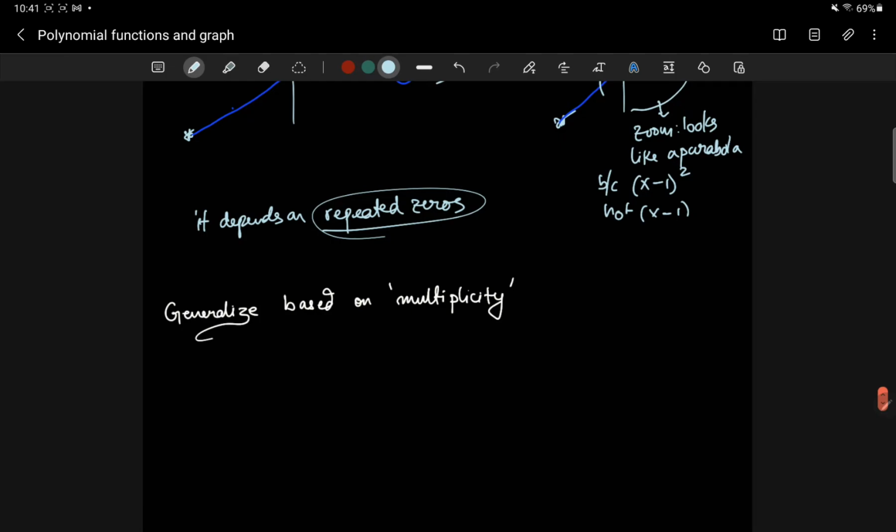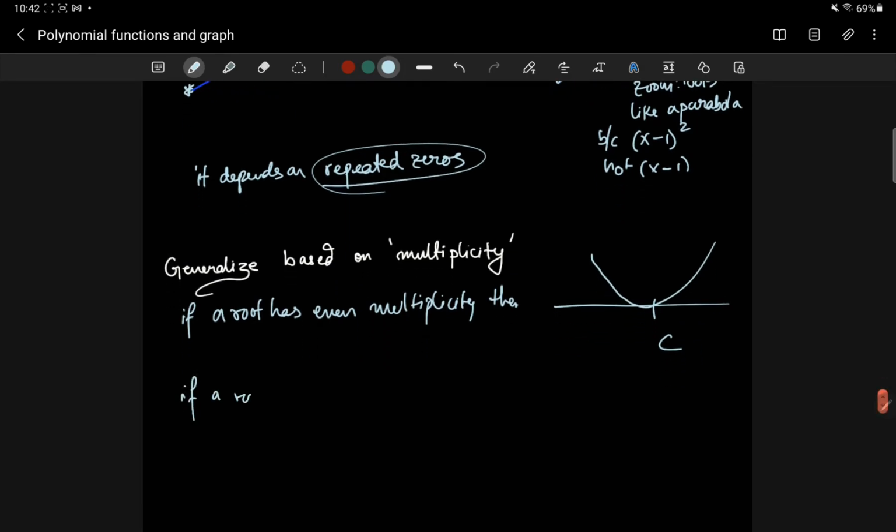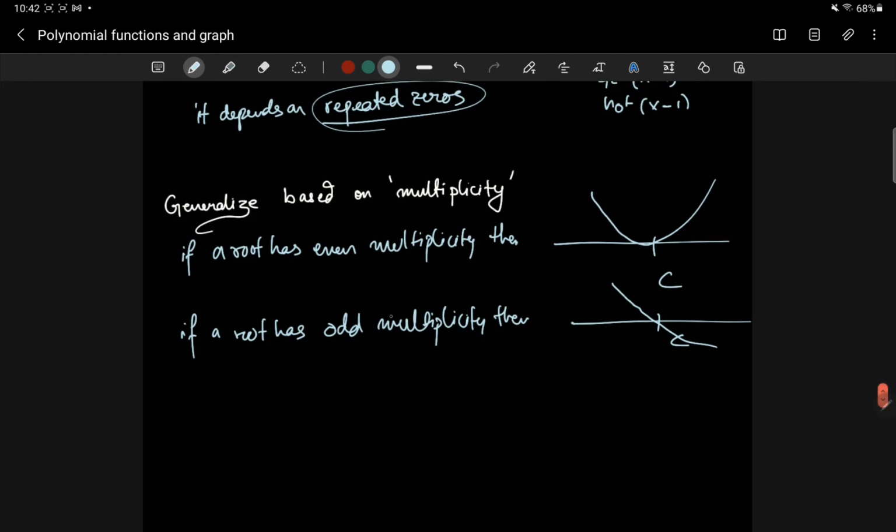So we can generalize this based on multiplicity: if a root has even multiplicity, then at that root it's going to behave like that. And if a root has odd multiplicity, then at that root it's going to go through. What is multiplicity? That's the power of the root.